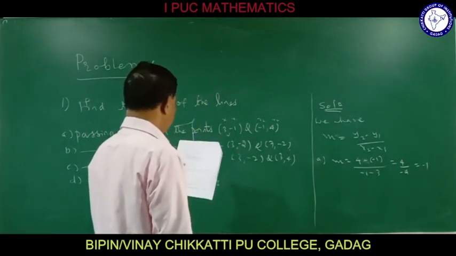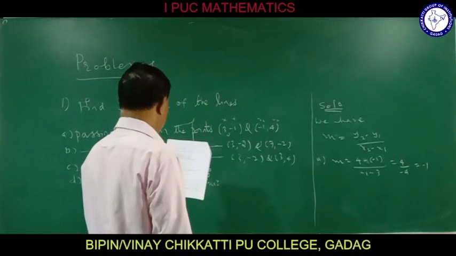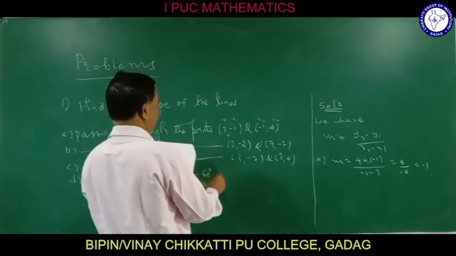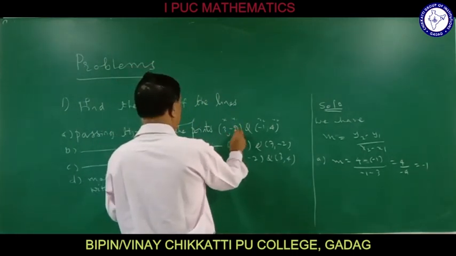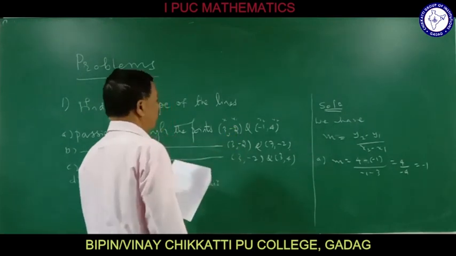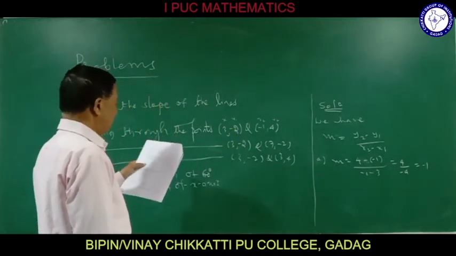This first problem is (3, -1), but I have to write it as (3, -2). The 2 is not printed, so it is 3, minus 2.